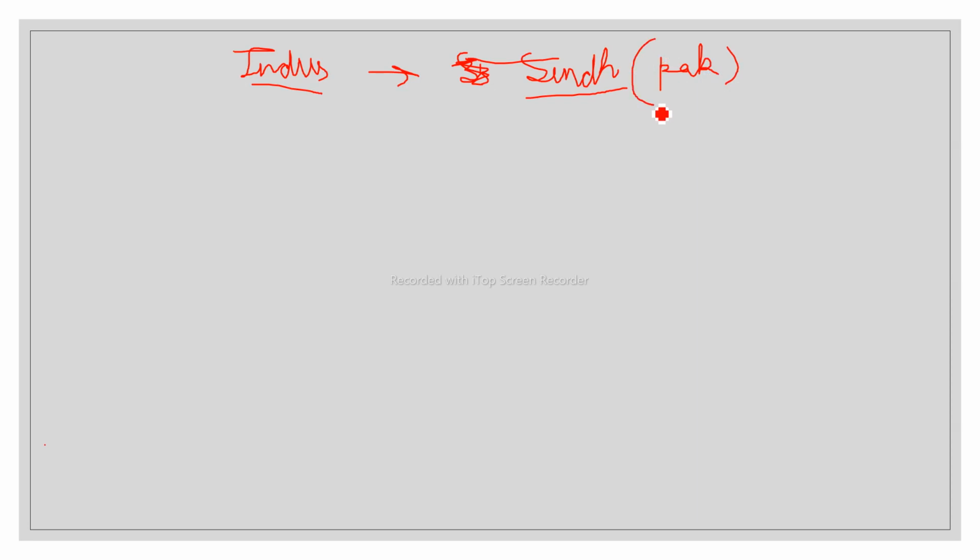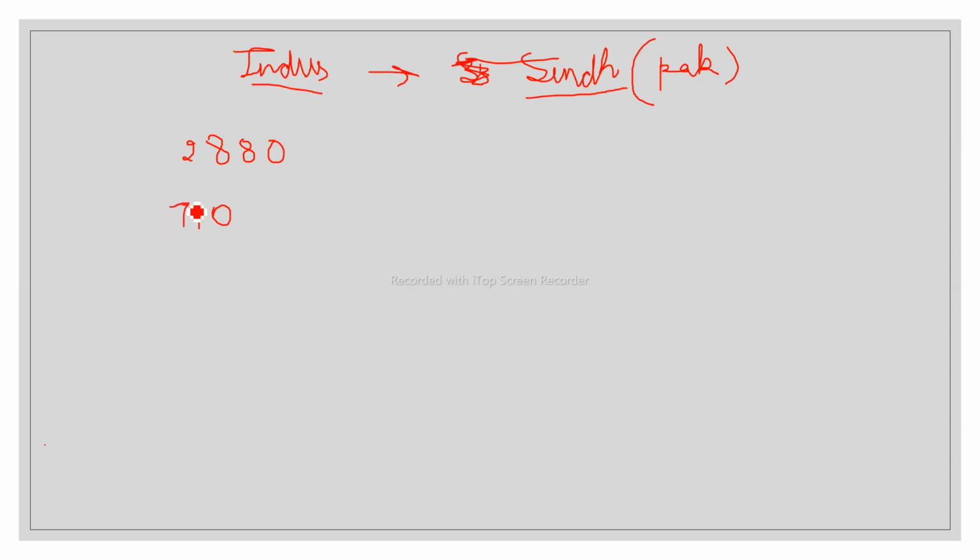Some part of it is in India. First of all, let me tell you the length. The length of the Indus is around 2880 kilometers, of which 710 kilometers is in India. You can note this thing down because this is important information.